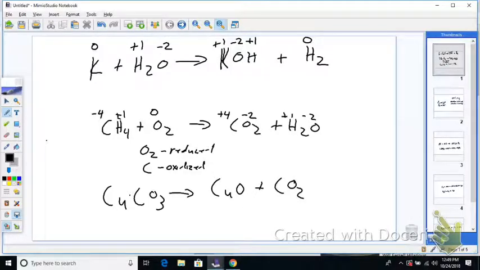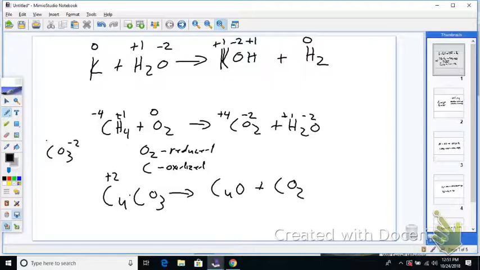Carbonate's a -2. I'm going to go ahead and give you the charge for the whole thing. So carbonate is a -2, so you don't have to look that one up. Copper is +2, right? Yes.